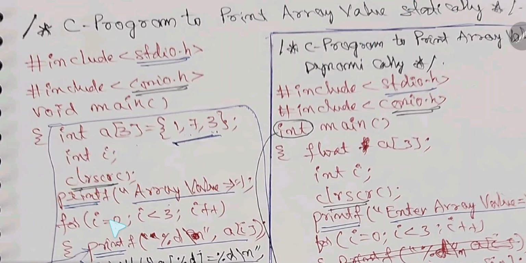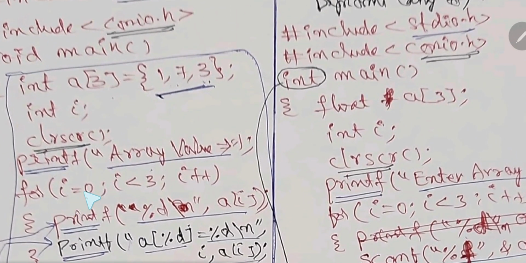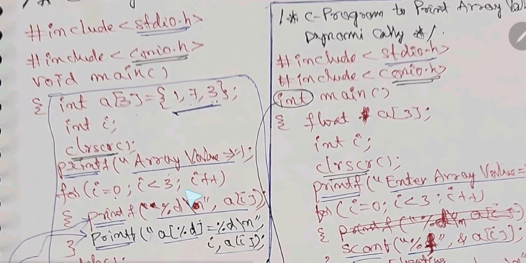So now, to print the array values, we need a for loop because there are three values: for i equal to 0, i less than 3, i plus plus.